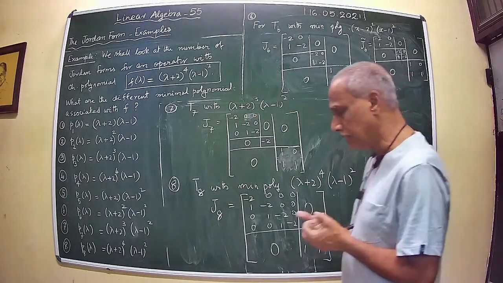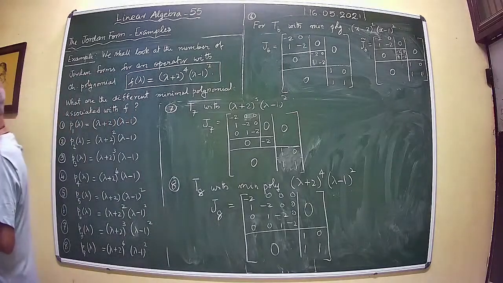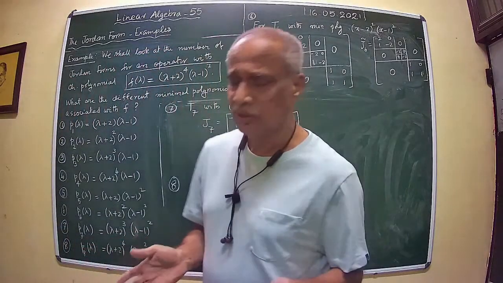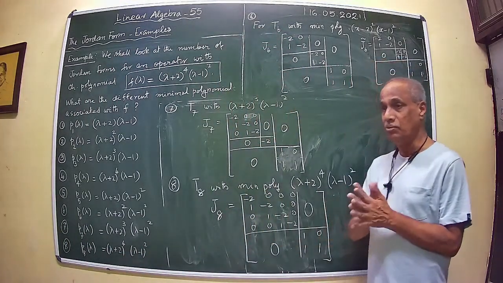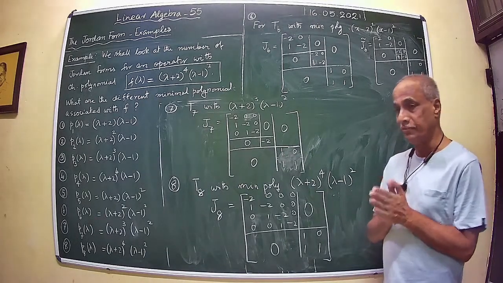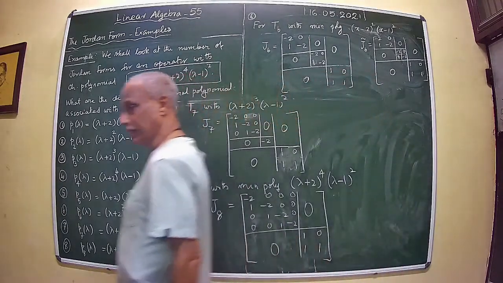The other one is again bilinear forms and the geometry associated with the bilinear forms. Now these are two things that we would like to look at. Apart from that, as a prelude to doing functional analysis, we want to look at finite dimensional inner product spaces. But these things I will do separately.